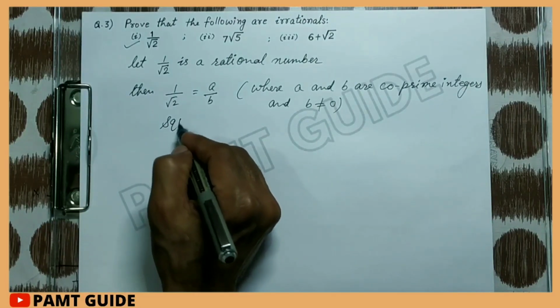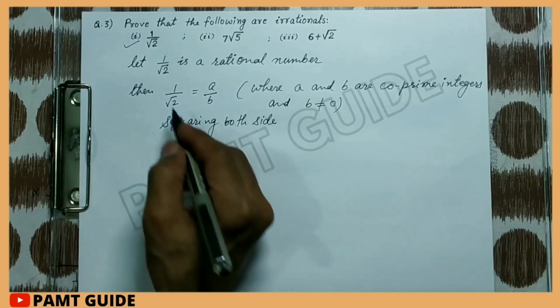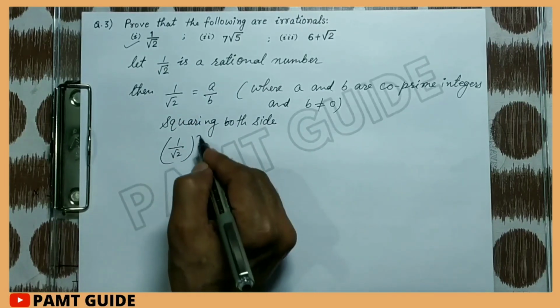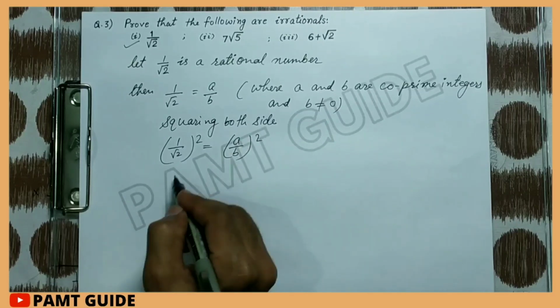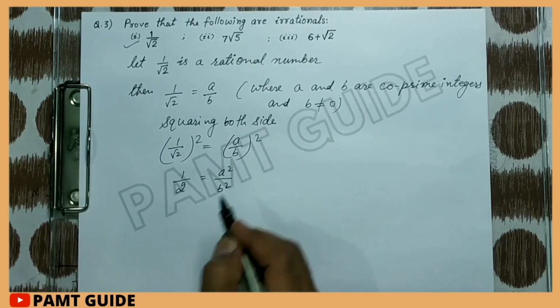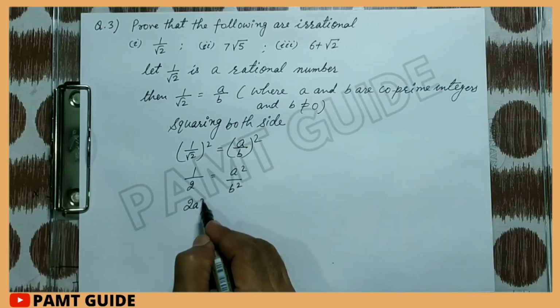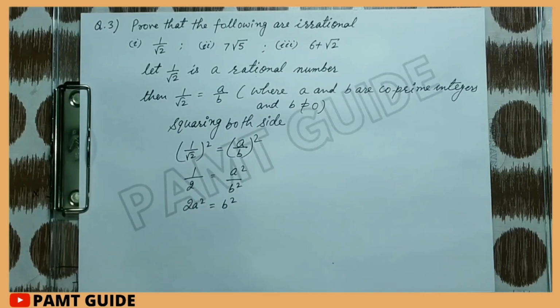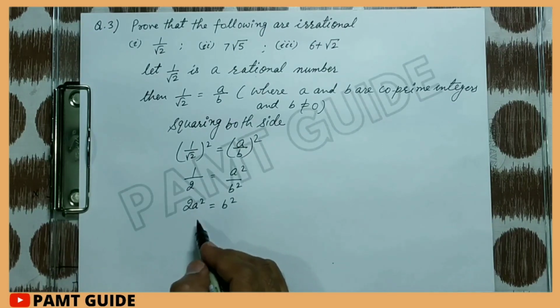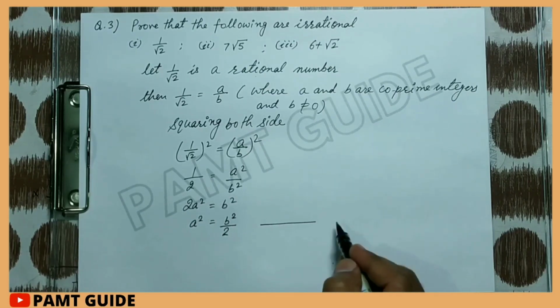Now squaring both sides, so we shall get 1 by 2 equal to a square upon b square. After cross multiplying, we shall get 2a square equal to b square, and then a square equal to b square by 2, and we shall give it equation number 1.